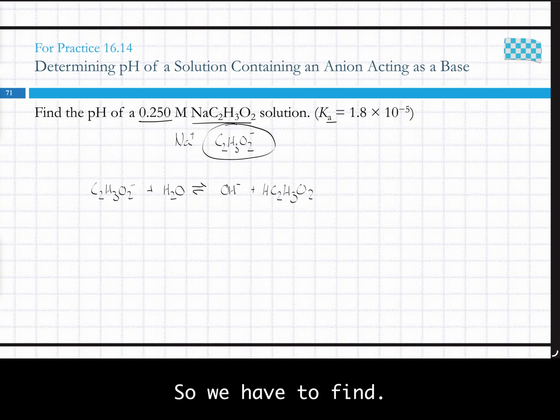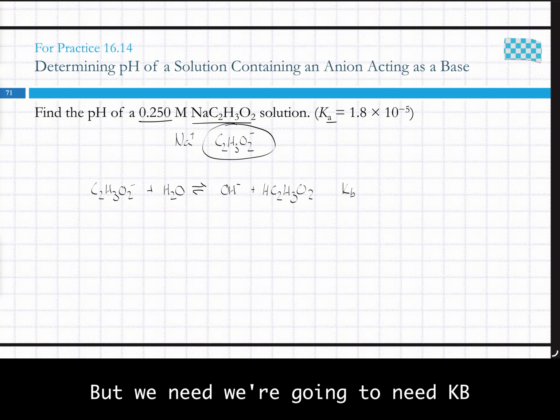So we have to find Kb for this reaction. I mean, we could set up the rest of the ice table, but we're going to need Kb when we actually go to solve it.